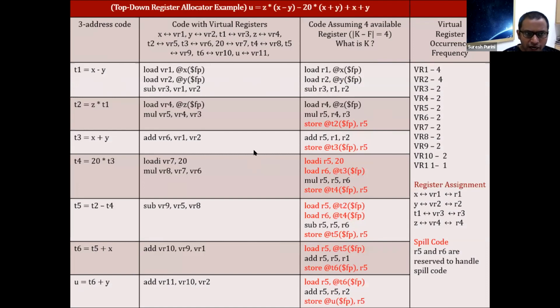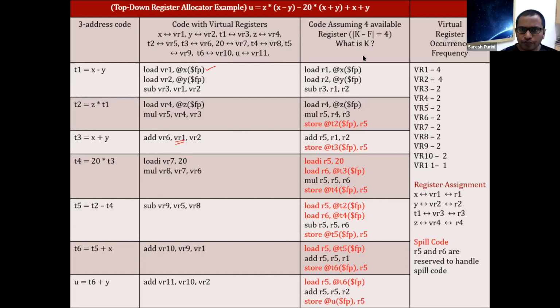Please make a note that when we access X for the first time, we are promoting variable X from memory to the virtual register VR1. But when we use X for the second time, we just use VR1 as it is. We don't need to do that promotion again. This is how the whole thing is set up.